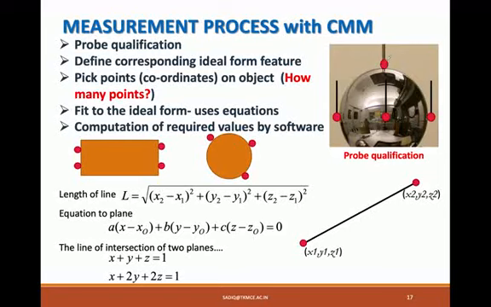In order to know the dimensions of the stylus, the stylus will be brought near to the qualifying sphere that is placed somewhere on the CMM table, and minimum 5 points are picked, like 1, 2, 3, 4 on the back side and one on the top, so that the 5 coordinate points are taken by the system.